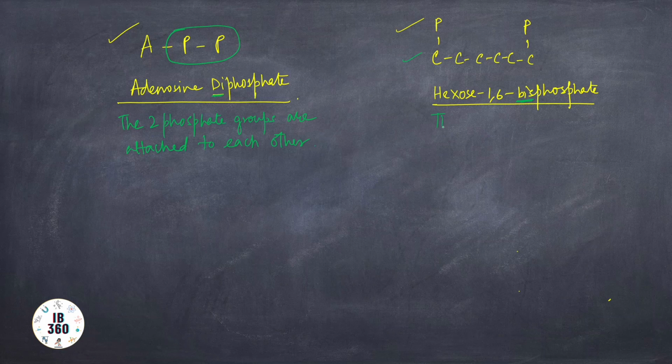So here the 2 phosphate groups are attached to 2 parts of the same molecule. This is the basic difference between diphosphate and bisphosphate.